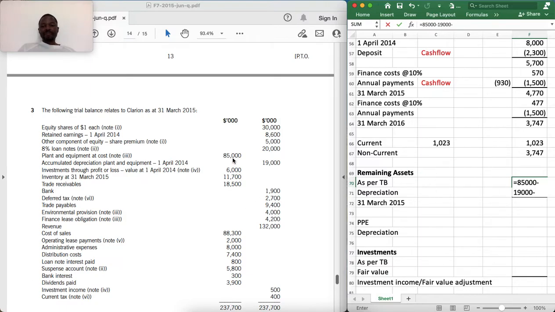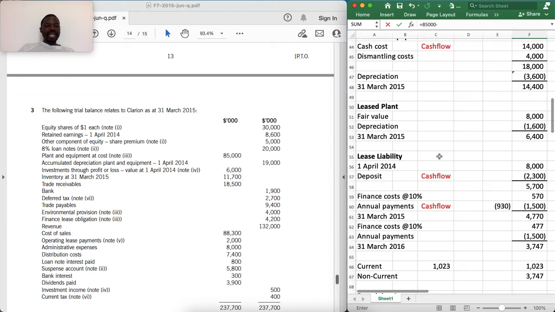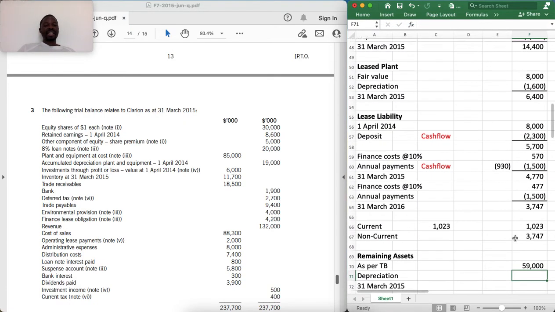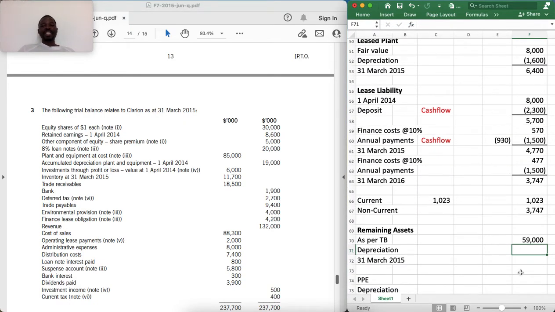So we'll say this $85, we should less how much was, we less the 18, that was the plant that had got a dismantling cost. We will also less the 8, the leased plant.